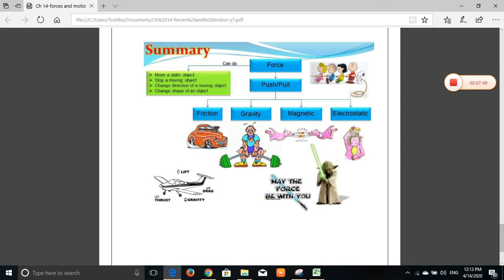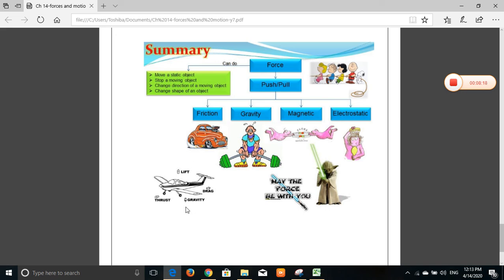Magnetic force is a non-contact force, but I can see and feel the action of the magnetic force due to the magnetic field between the two different poles. And also electrostatic force, I can't see but I can feel the action of it.